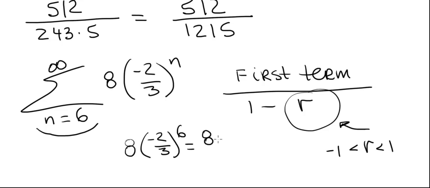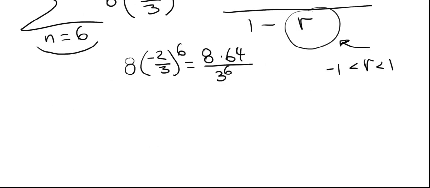This is 8 times 64 divided by 3 to the 6th power. And now r is still -2/3. We can plug that in, and we get exactly the same answer.